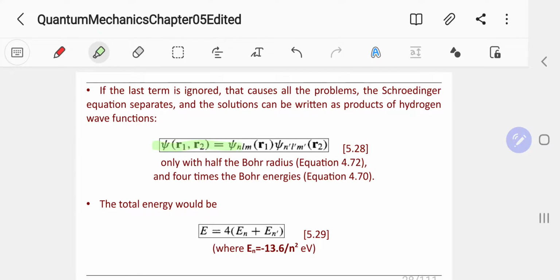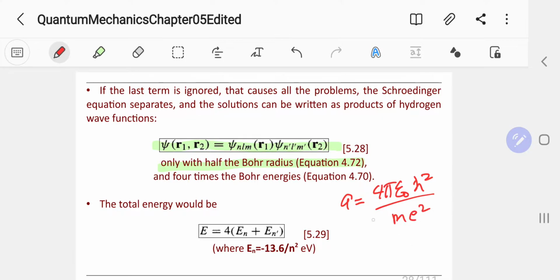So you have here the separation of the wave function with half the Bohr radius, because as you can see, the Bohr radius was a equals 4 pi epsilon sub O h bar square over m e square for the hydrogen atom.